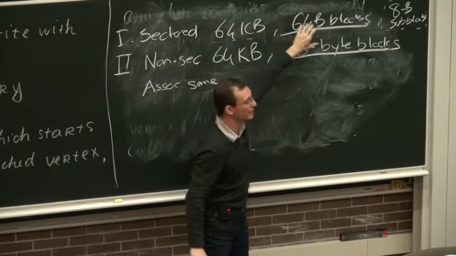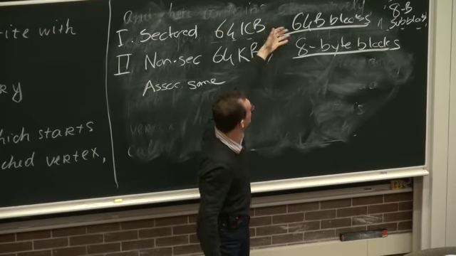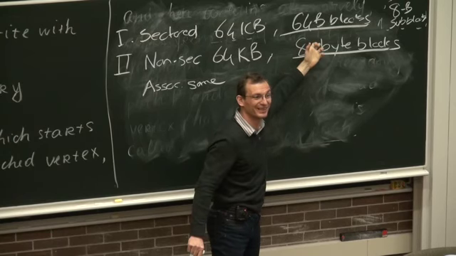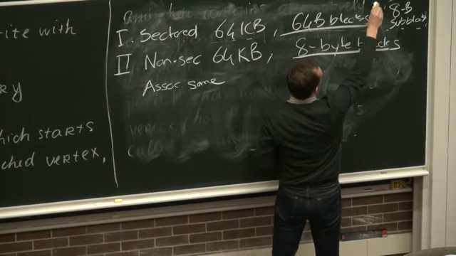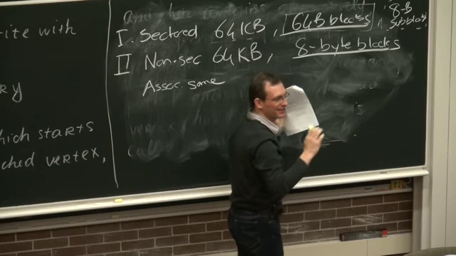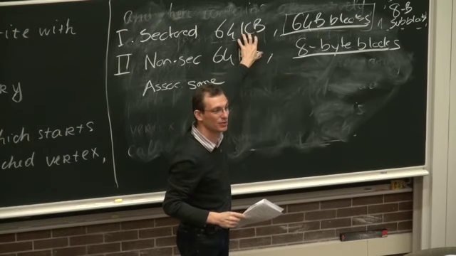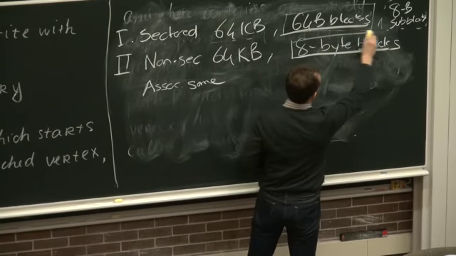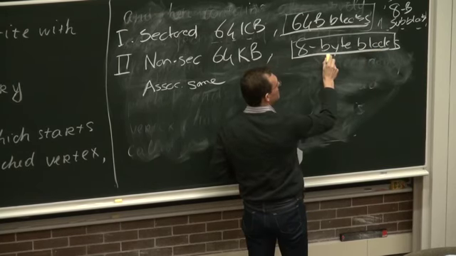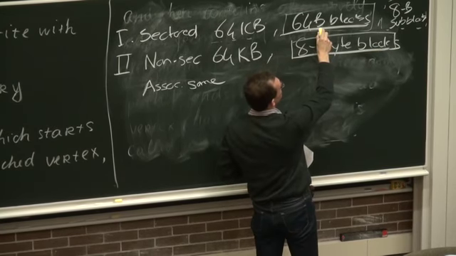Even with the valid and dirty, well, you need the valid and dirty bits for each 8-byte block anyway here, right? So a large cache block leads to a smaller tag size, and that's why you get a smaller tag store. You don't need to do any calculations for this, actually. Because here, you need to have a tag for each 8-byte thing. Here, you need to have a tag for each 64-byte thing.